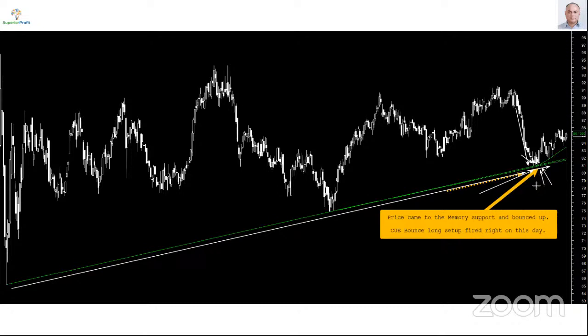It's like a synthetic long stock position with a protective put, and you may book profit in the put very fast as price goes up. So in this case, when price came here, the short put taken at this point would lose a lot of value, and the long call taken at this point would gain a lot of value.